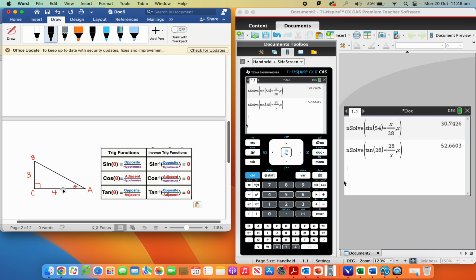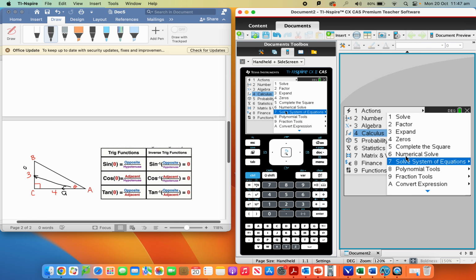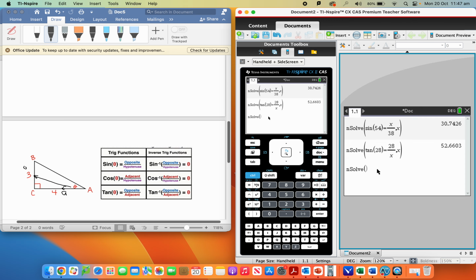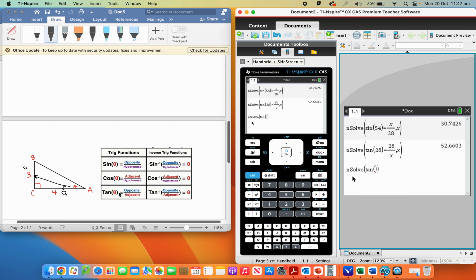Again, we're going to look at the angle and label the triangle carefully. We've got a side that is opposite the angle and a side that is adjacent to the angle. Remember, the side that is opposite the right angle is the hypotenuse, but we don't need it for this question. Now we're going to choose nsolve again. We're going to go to menu, choose algebra, choose numerical solve, and from the trig function choose tan, the tan of theta.